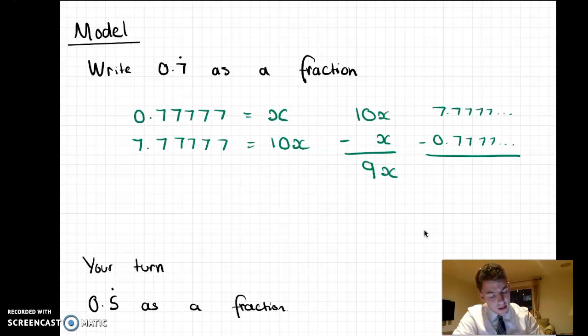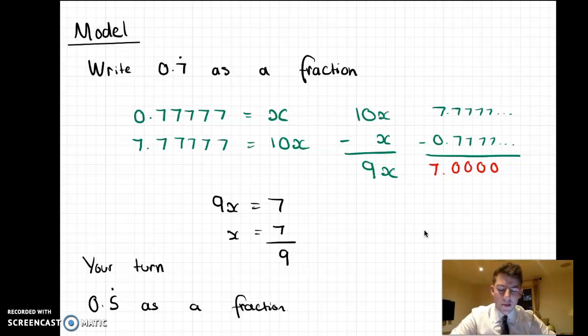So 7 take away 7, 0, 0, 0, 0. Here we are. So now we can say that 9x equals 7. Therefore, x equals 7 over 9.